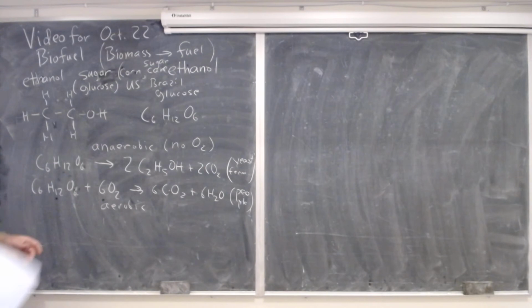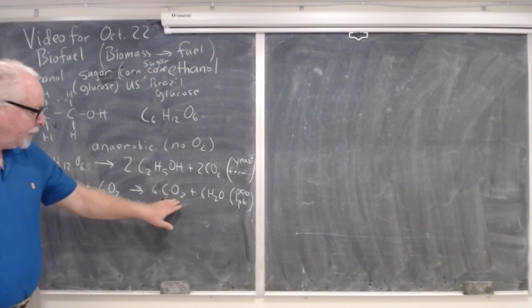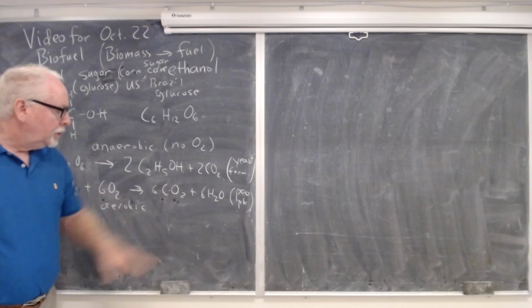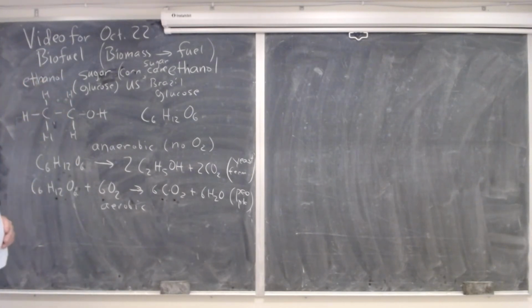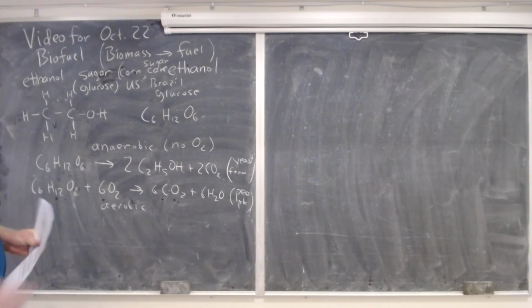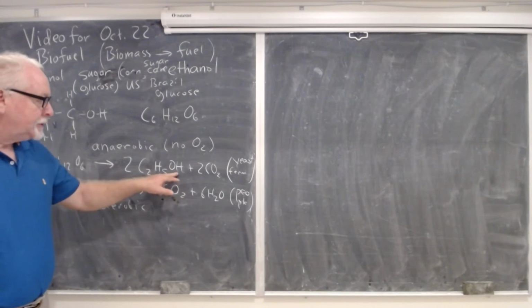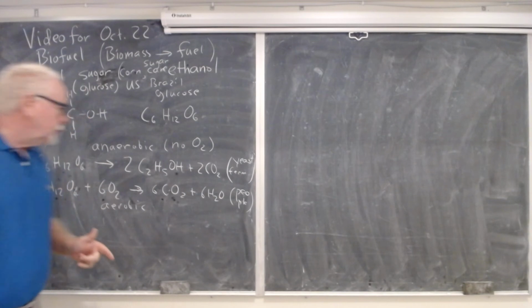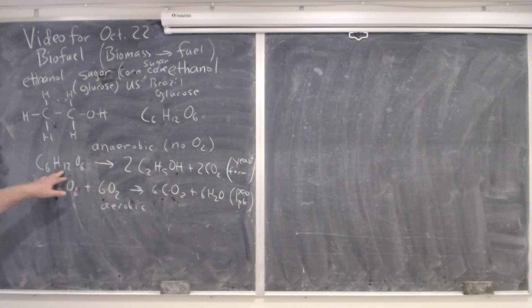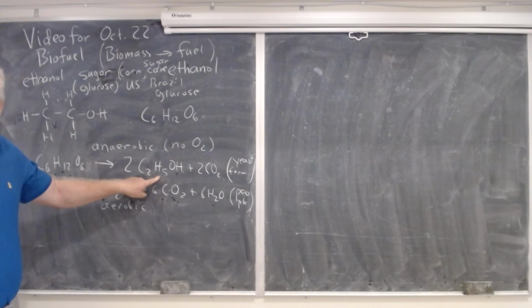And so when people eat glucose, they react it to the final byproducts, CO2 and H2O. Of course, both of these reactions result in energy for the biological creature, in this case people or animals in general, and in this case yeast, these little fungus. So fungus eat glucose without oxygen, and the byproduct instead of water is ethanol.